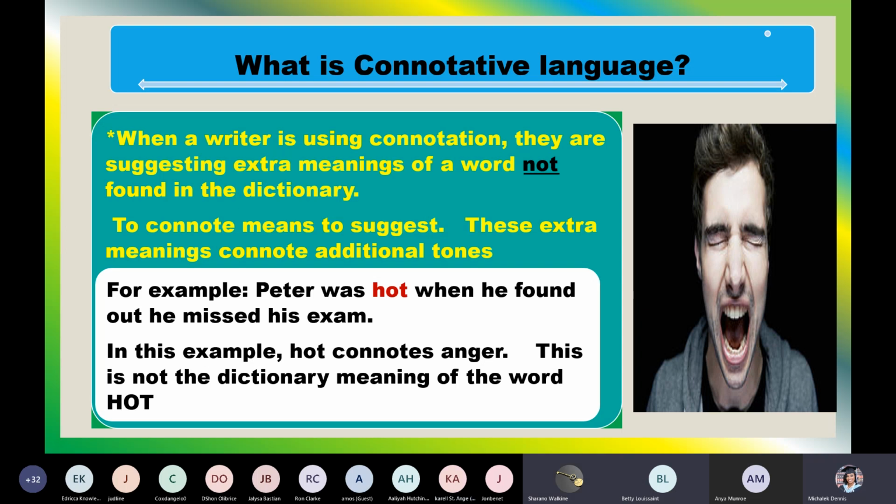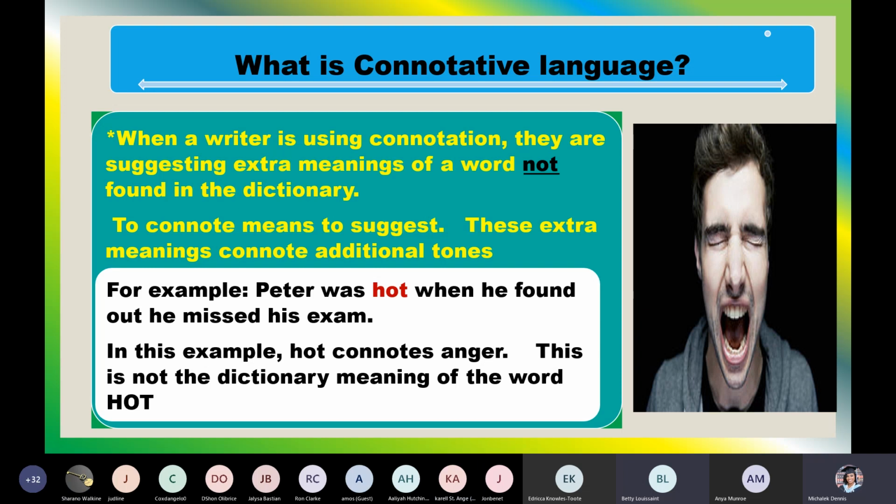All right. Connotative language. Anya, do you want to read it for me, please, so you have a better understanding of what it is? Aniola said that it's about emotions. That is very good. Yes, that's part of the answer.